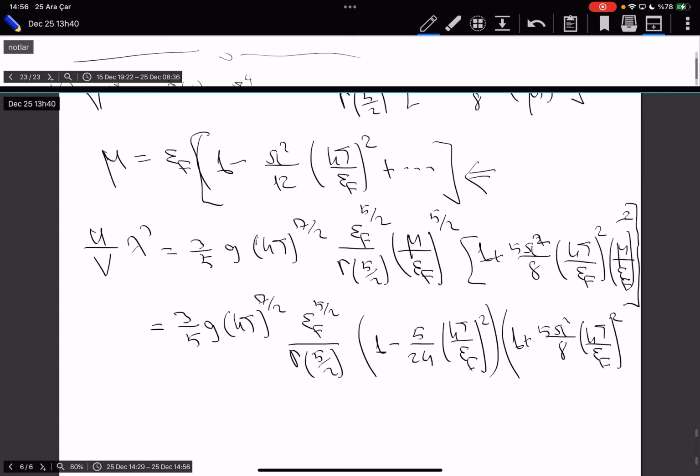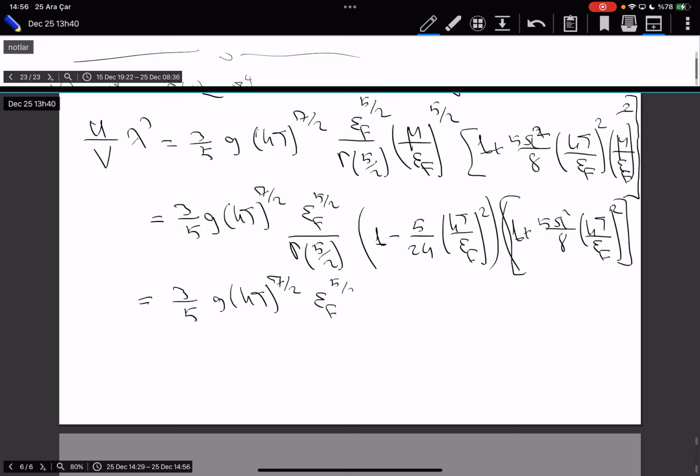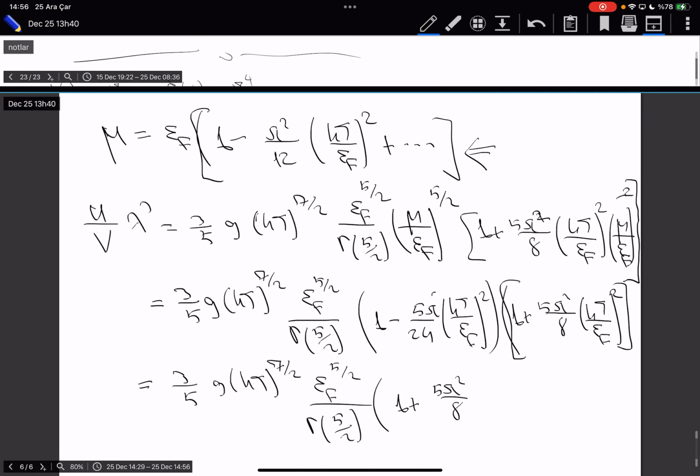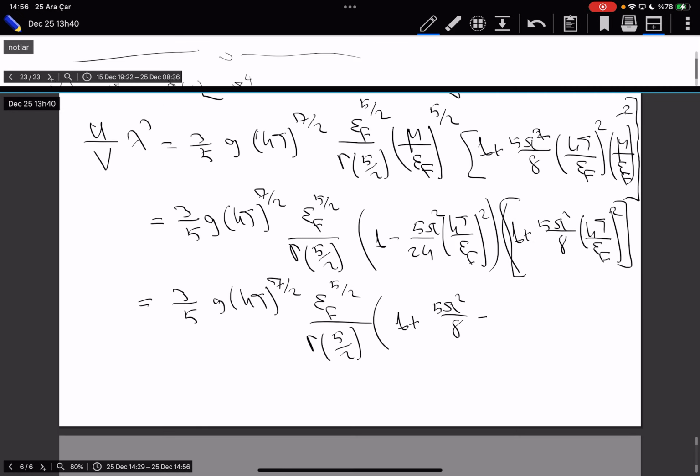Well, I need to just multiply it out. I have 1 plus 5 pi squared over 8, and here there is another pi squared, minus 5 pi squared over 24, times kT over epsilon Fermi squared. This is the U, lambda cubed over V.